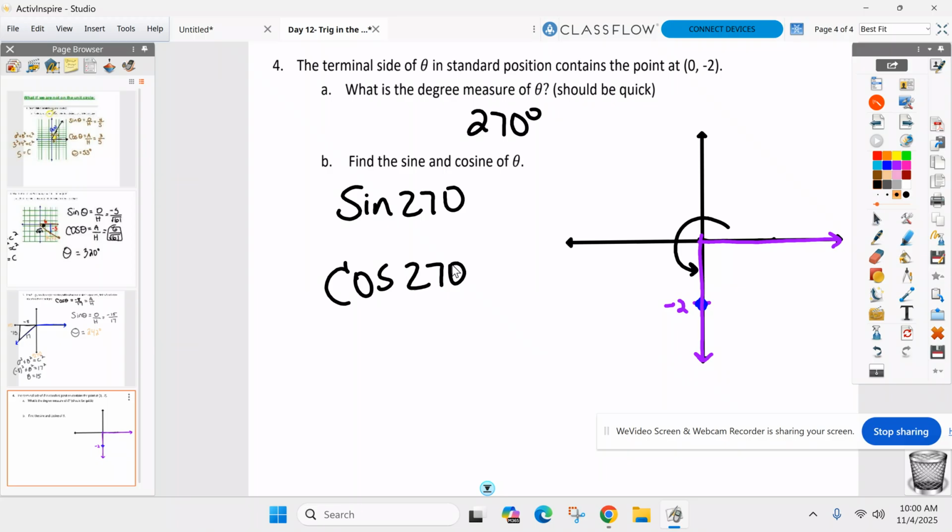And everyone's already in degree mode. Sine of 270, what are we getting? -1. Cosine of 270? 0.